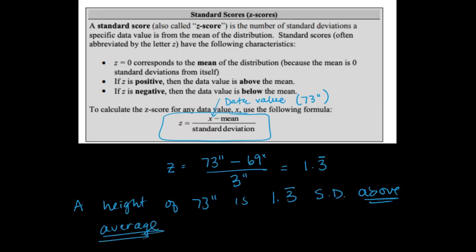So we don't have to have values that are exactly at 1, 2, or 3 standard deviations. We can actually calculate for any value how many standard deviations away it is from the mean. And so like I was saying previously, we can plot these z-scores on a special normal distribution that's called a standard normal distribution. So let's take a look at that next.